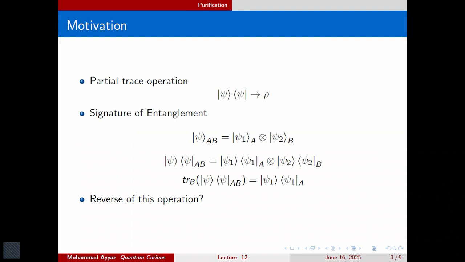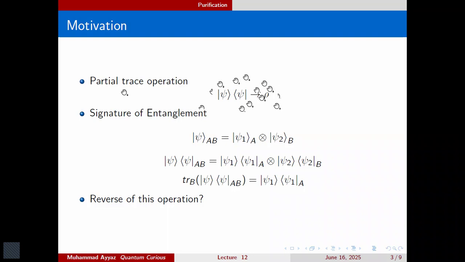Here we have a pure state and we want to calculate the reduced state of that larger system. We can calculate it by applying the partial trace over the system we do not want to know, and we are left with the smaller system.